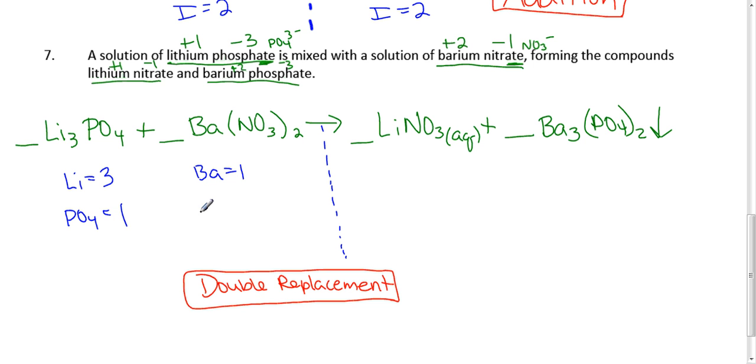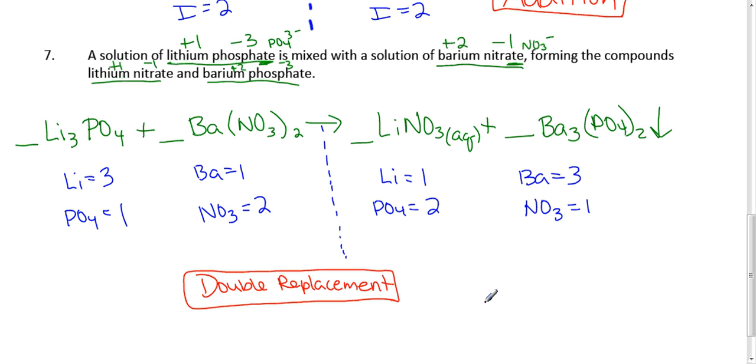Barium is 1. And we'll keep nitrate together. We look at the little 2 out here to see how many. Write them in the same order. Lithium, we have 1. Phosphate, we look over here, there's 2. Barium, we have 3. And nitrate, there's only 1.